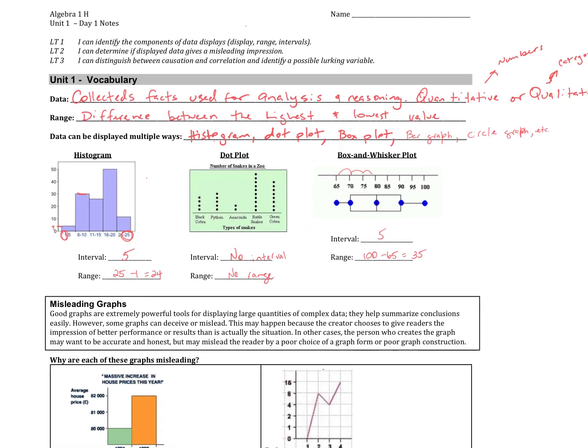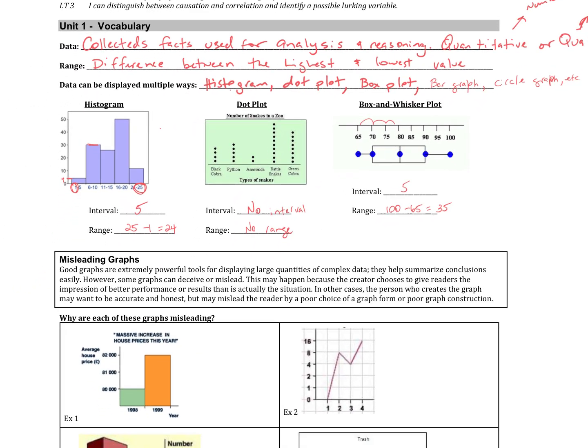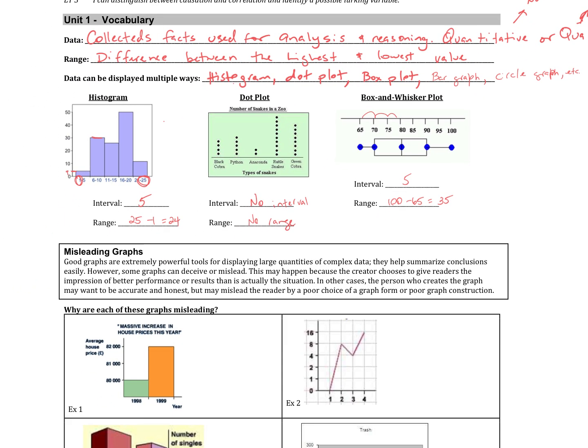Now, when it comes to data displays, the one thing about statistics is that sometimes your graphs can be very misleading. So good graphs are extremely powerful tools for displaying large quantities of complex data. They help summarize conclusions easily.